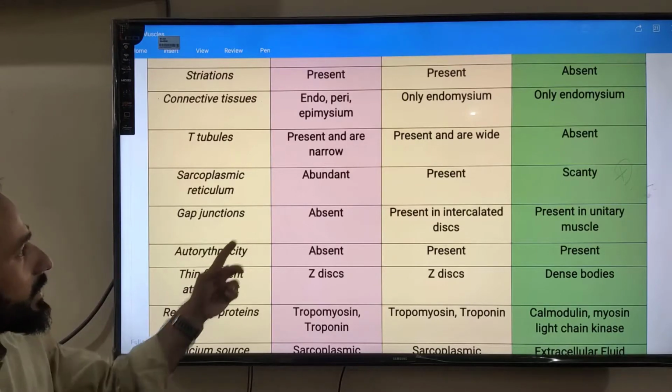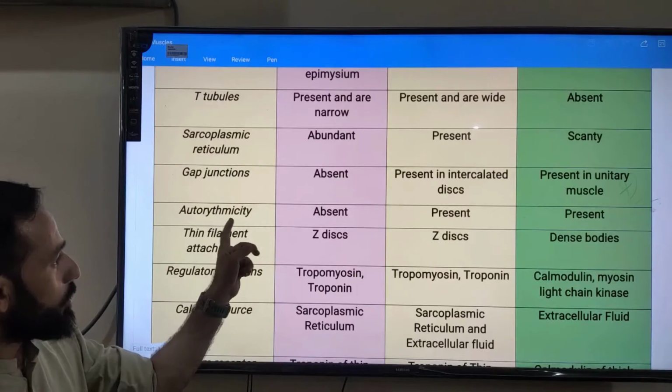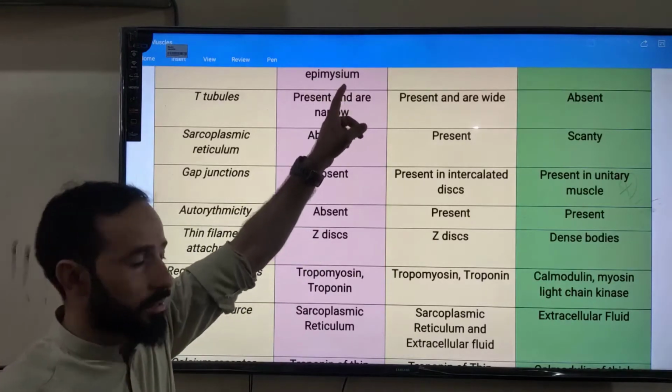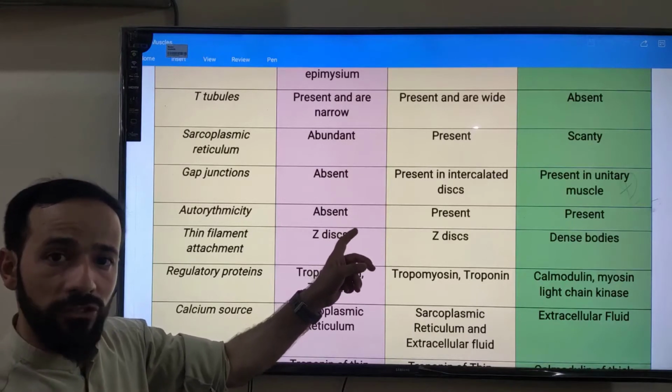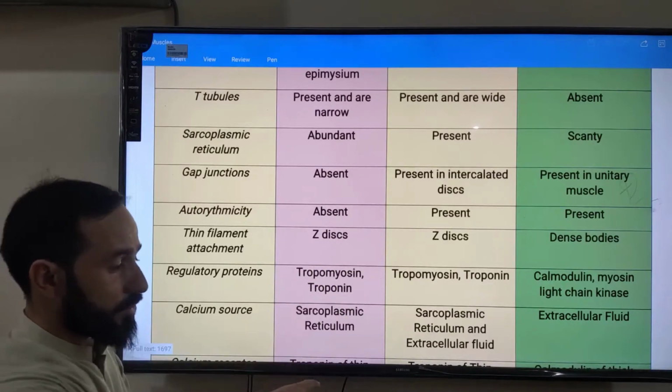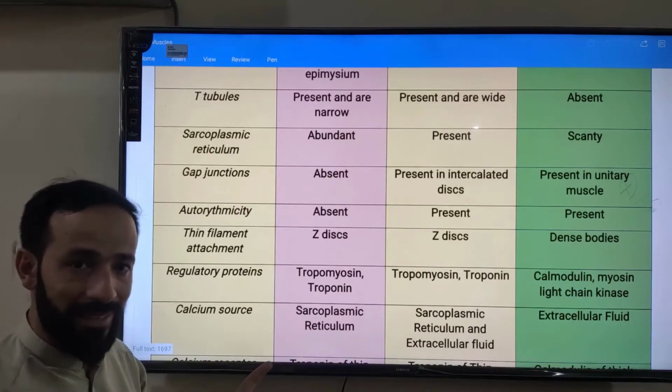So in our skeletal muscles, there is no autorhythmicity, right? The property of autorhythmicity is not present in our skeletal muscles. It requires a very important stimulation, which I will discuss later, the motor stimulation from the nervous system. That is a must for it.